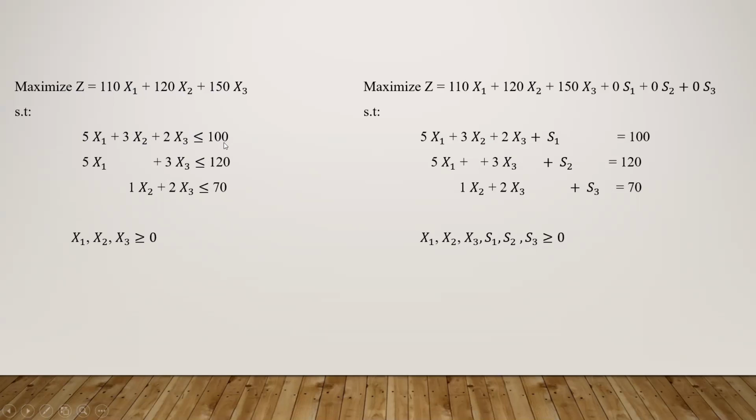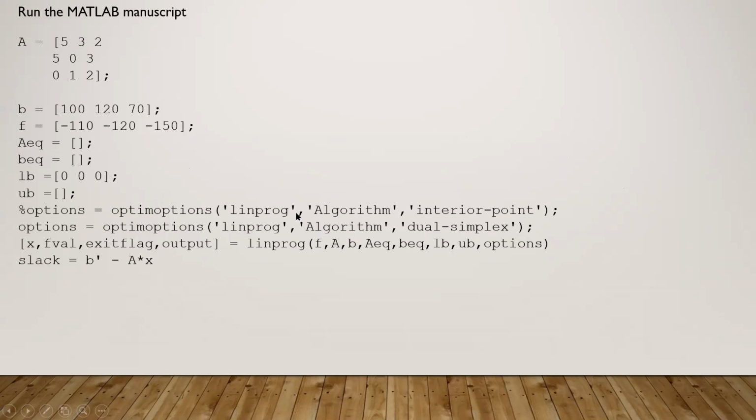This is okay for MATLAB. Then you will only have an s in this case; you don't need an artificial variable. So this is the built-in code for MATLAB. I only added the final line over here, because MATLAB doesn't calculate the slack for you.